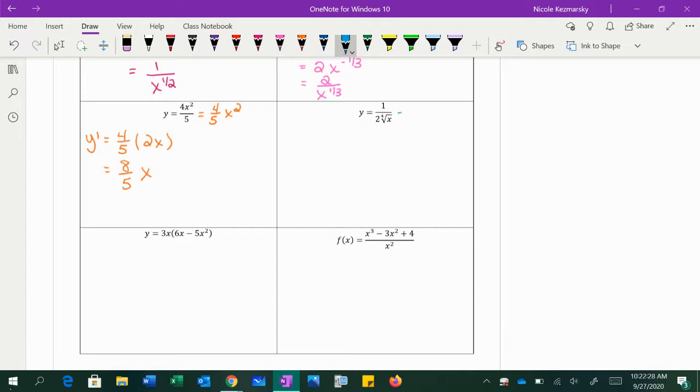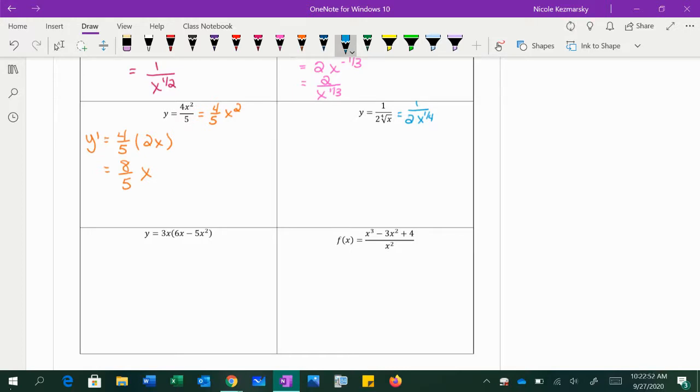For the next one, I'm going to have to do quite a bit of rewriting. So what I'm going to do is say this is 1/2 x to the 1/4. I don't have a power rule when the power is in the bottom. All of the powers that I've been doing, the power is in the top.